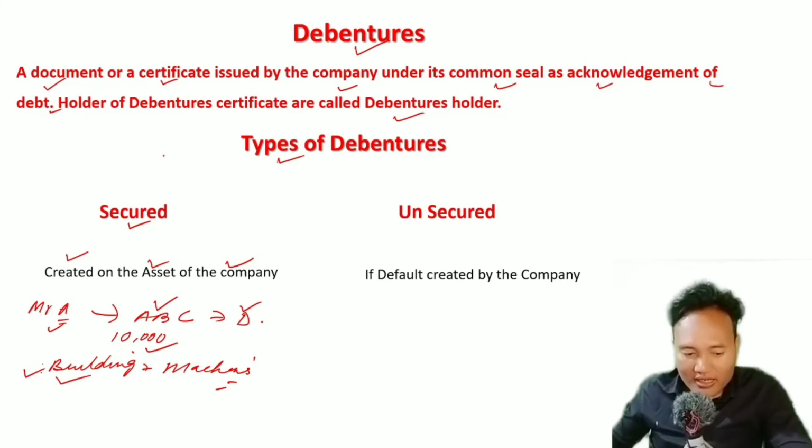The debenture holders are entitled to interest. Remember, they get interest at a fixed rate, which may be 10%.